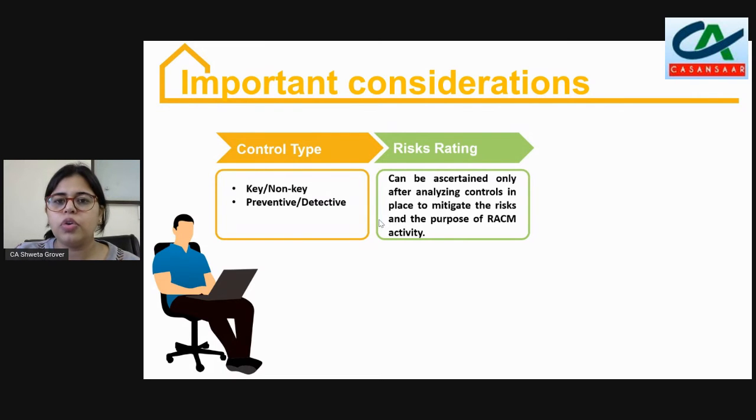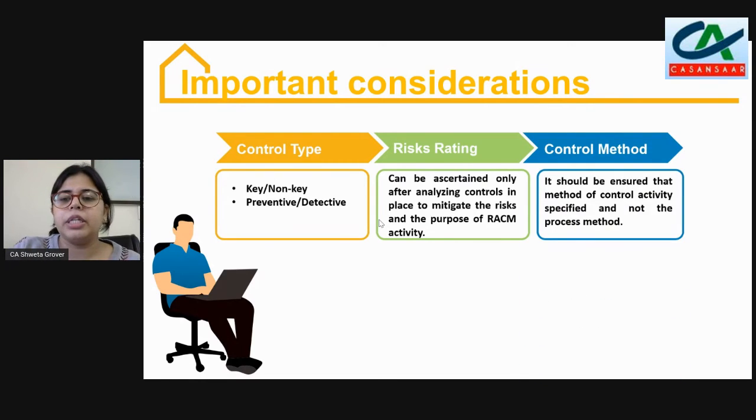So you don't need to exaggerate that the risk is very high when you have an effective control in place. Second important aspect to consider for the risk rating is the purpose of RACM, as I said earlier. That has to be kept in mind while mentioning the risk ratings.